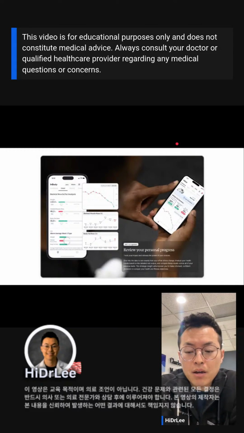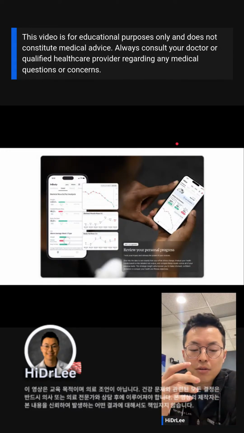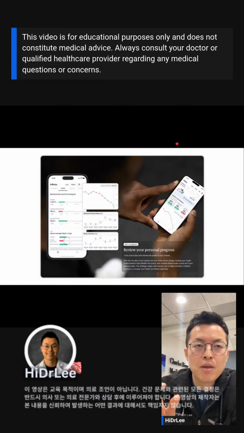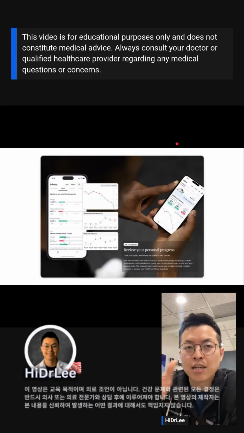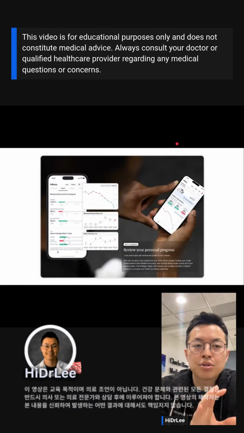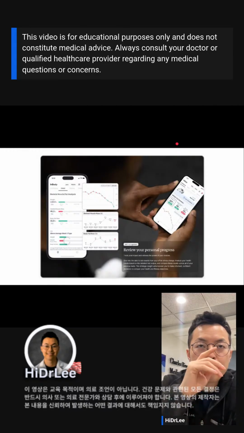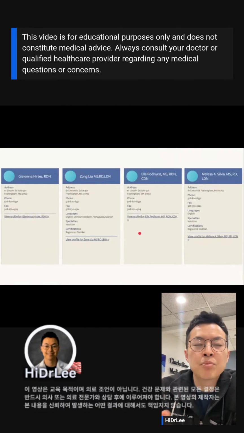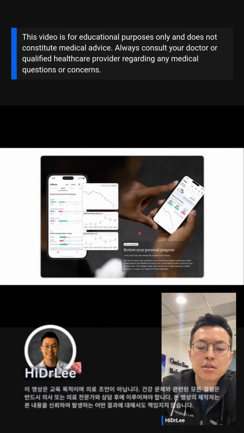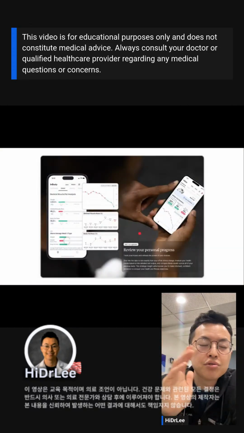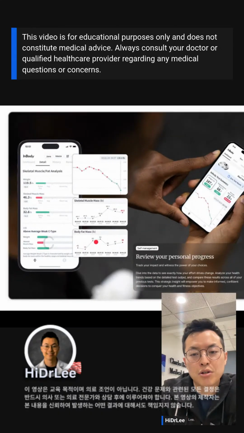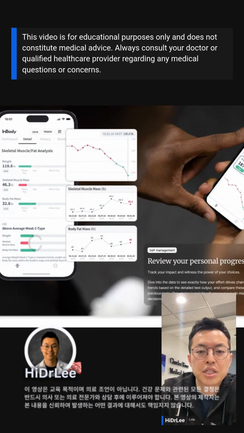We always say GLP-1 receptor agonists like Wegovy, Mounjaro, or Zepbound should be secondary, and the primary treatment is always dietary therapy. And our nutrition team will help you with that. It's not going to be really general nutrition counseling where you have no idea at the end what to do.